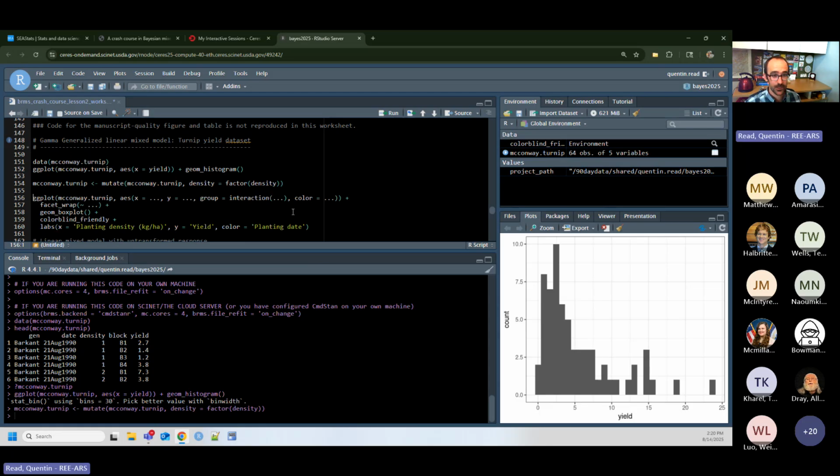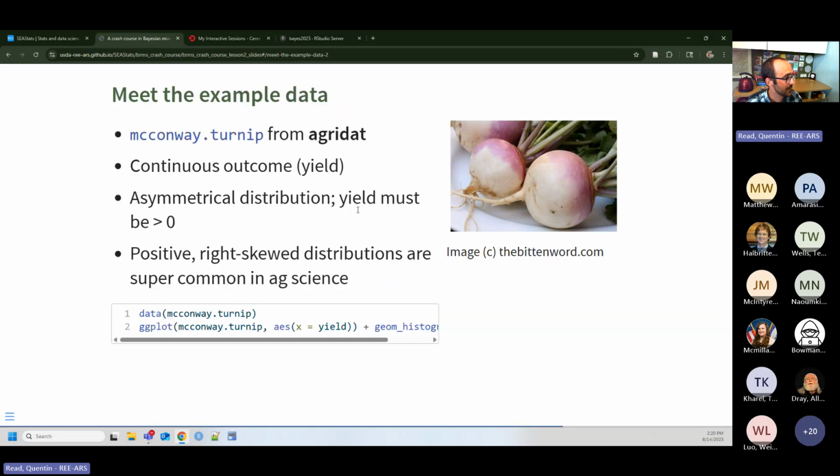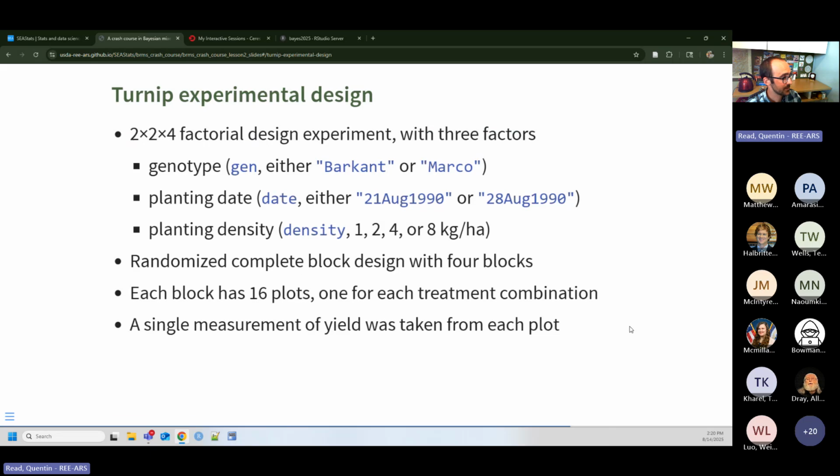Next thing we're going to do is plot the data, not just the distribution, but what it looks like for different treatments. Now, I'll have to go back to my notes here.